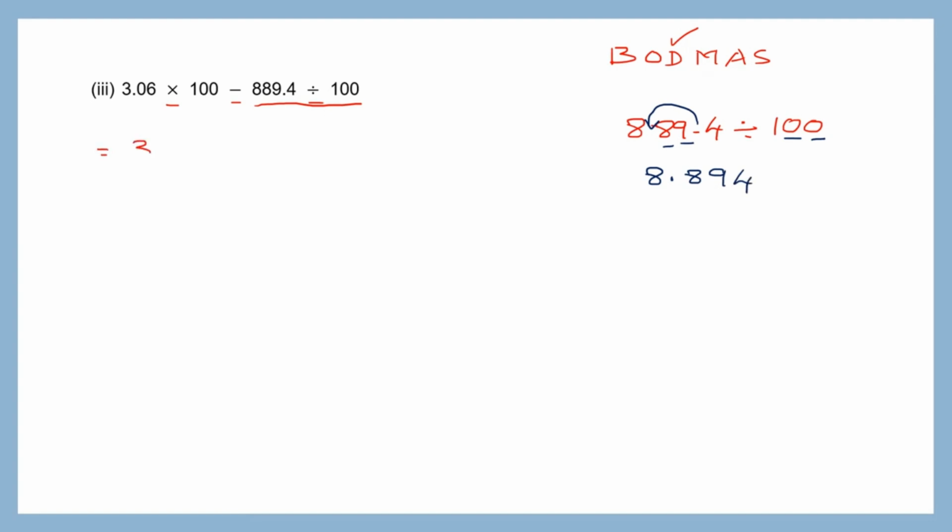So let me go back to my question. Everything else remains the same. 3.06 into 100 minus 8.894. Now what do I have? What are the operations I have? I have multiplication and I have subtraction. Go back to BODMAS. I need to do multiplication before subtraction. So let's do the multiplication of this step.